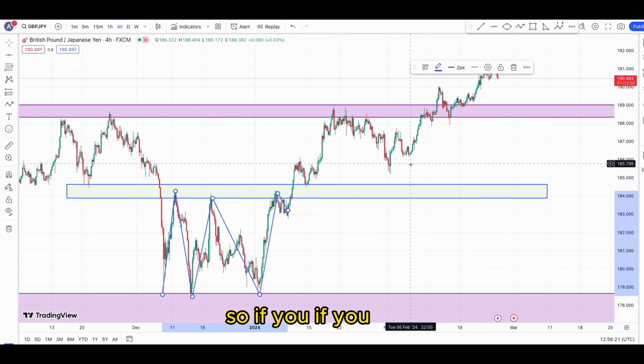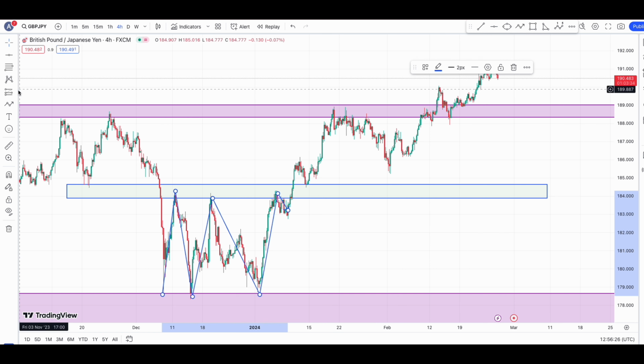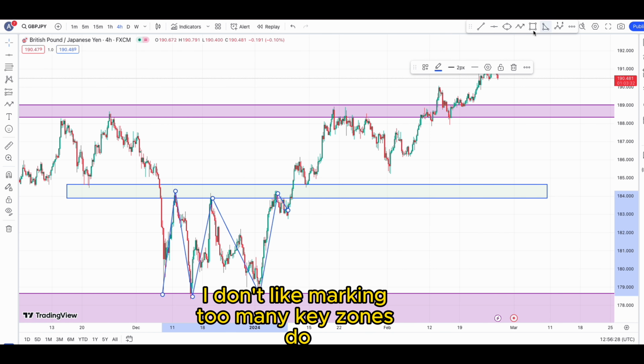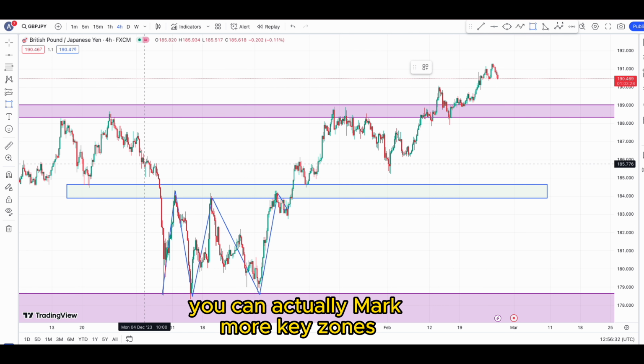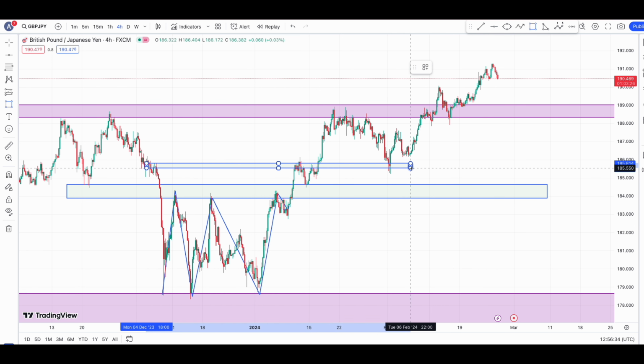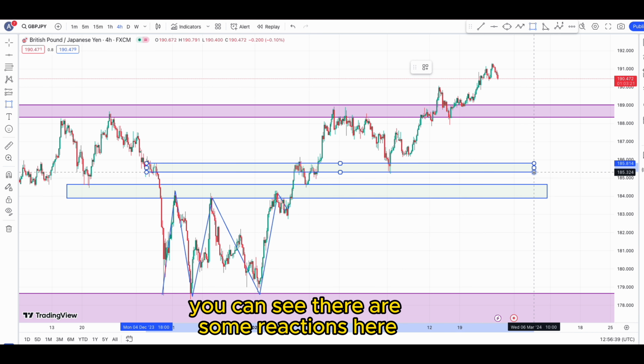So if you like, you can actually mark. I don't like marking too many key zones though, but if you like, you can mark more key zones if you don't want to stay too long in the market. You can see there are some reactions here also.